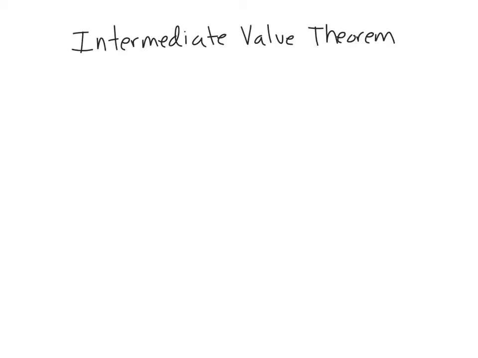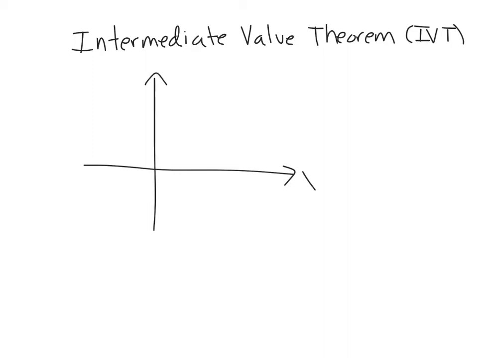One thing that you might wonder is why it might be good to have a continuous function. One of the nice properties of continuous functions that you can apply is called the intermediate value theorem, or the IVT. And basically what the intermediate value theorem says is if you have a continuous function, that it has to hit all values between any given two values.